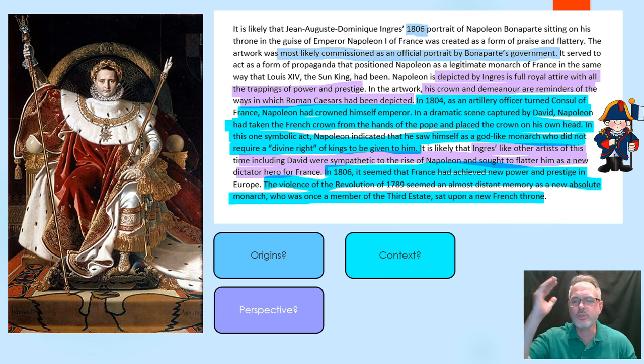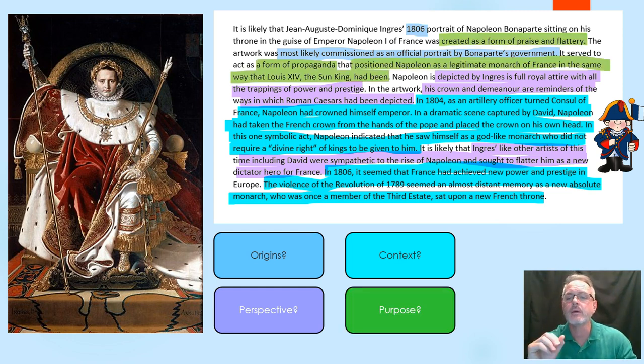By being painted with the crown, his particular look is very reminiscent of the statues of Roman emperors. You could even argue how young Napoleon is made to look here, as if he is a boy king full of life, a whole future in front of him in France. It's pretty likely that Ingres and other artists are very sympathetic to Napoleon and are trying to flatter him because he's the new dictator. He's the new Sun King, if you like.